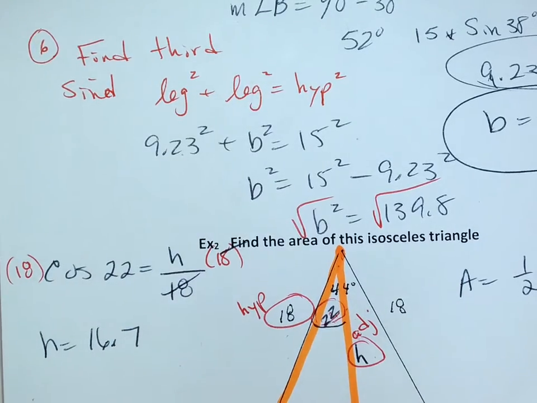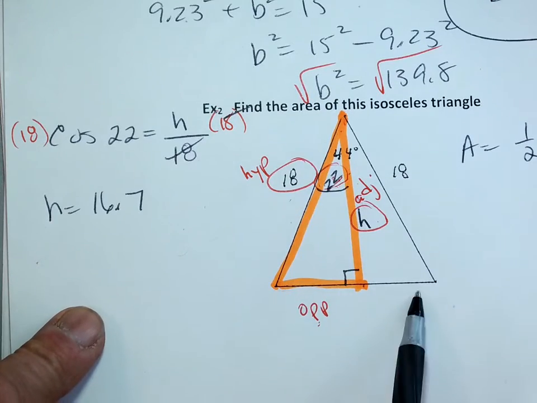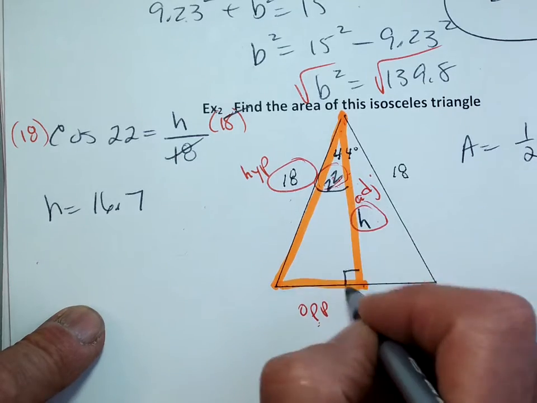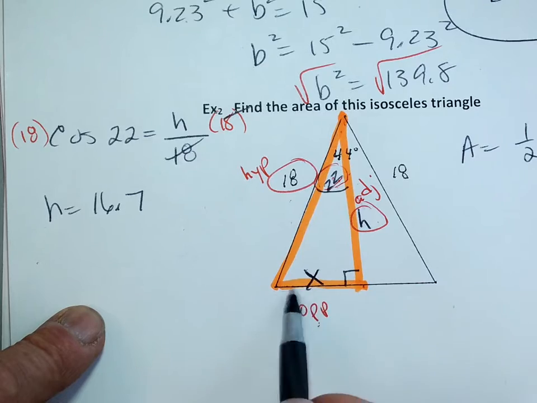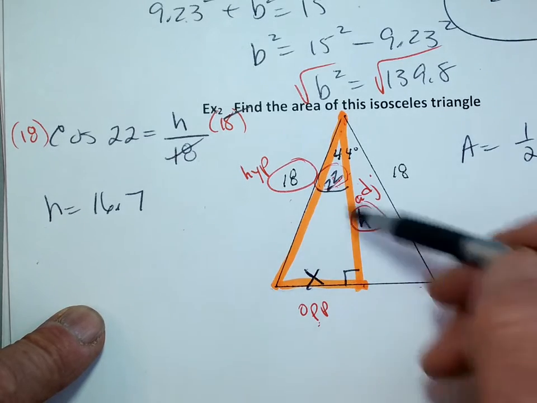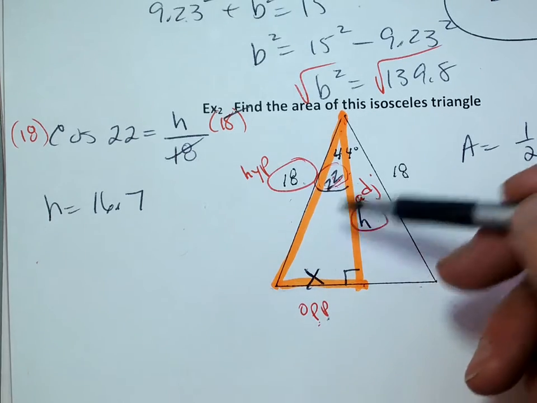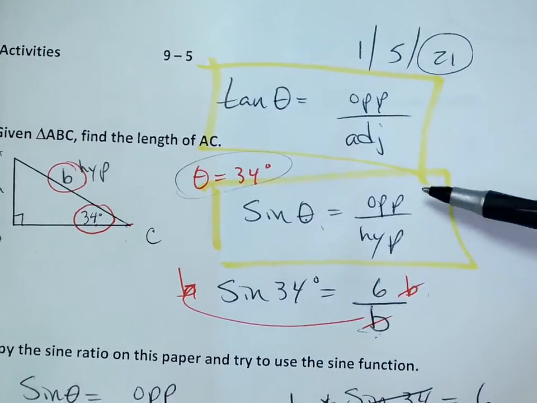Now let's figure out what the base is. I'll find this side, let's call it x, and when I find the value of this side, I'll double it. So I'm going to go opposite and hypotenuse. Opposite hypotenuse is the sine.